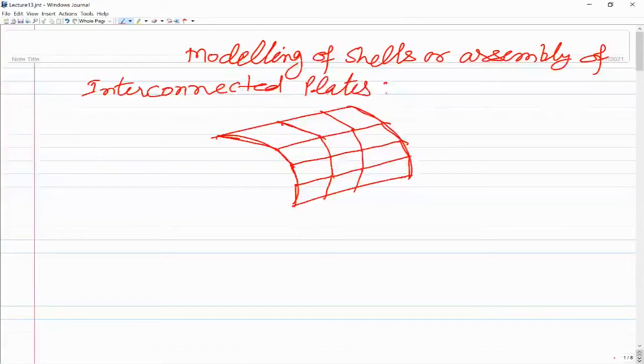Now another important thing is, when I have talked about the plate elements, either the classical plate theory based elements or the Mindlin plate theory based elements, we have taken only w, theta x and theta y, assuming that there are only transverse loads, there were no in plane loads, and there is no coupling between bending and stretching.